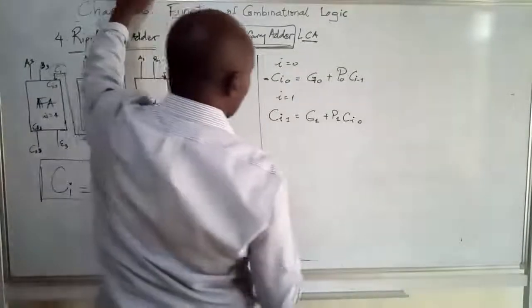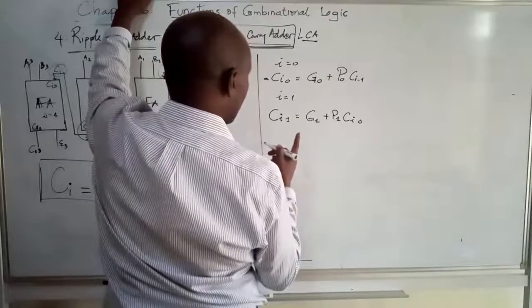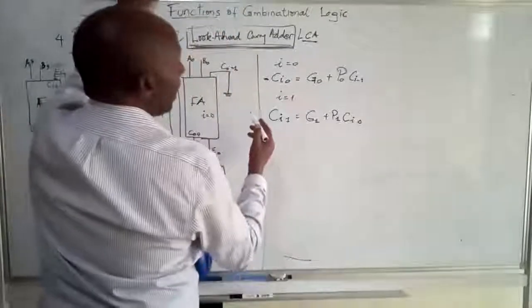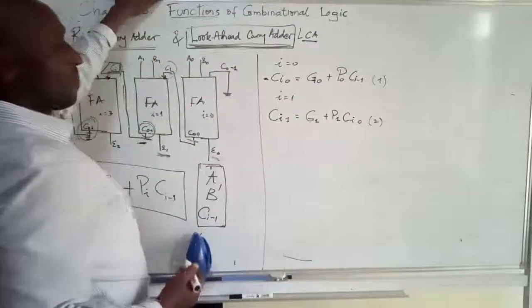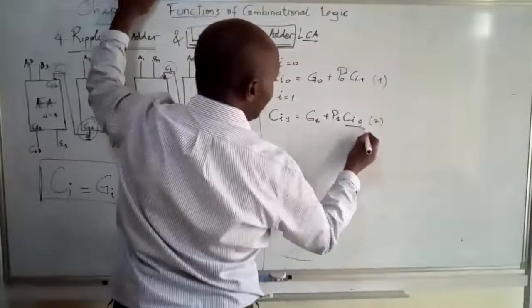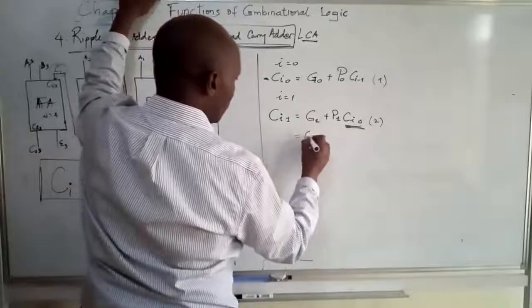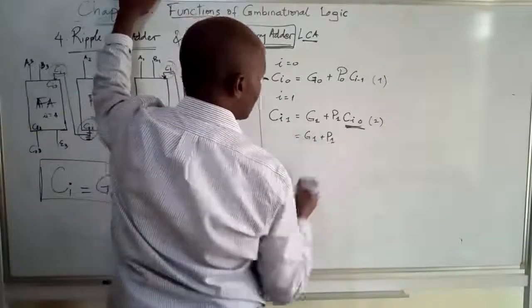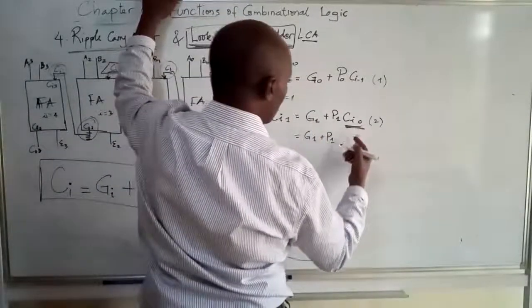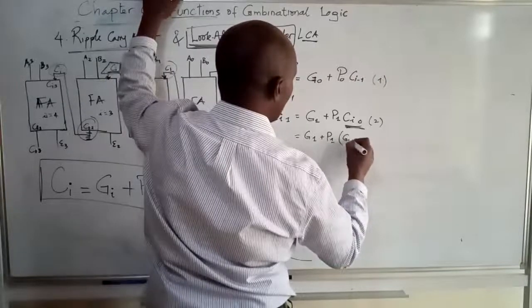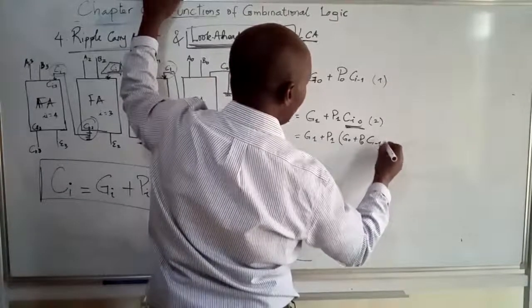Now, what will be now? Okay, good. As we have, let us call it, this is the first equation, this is the second equation. So let us replace C in the second equation. It will be equal to G1 plus P1, C in 0, and C in 0 is equal to G0 plus P0, C in minus 1.